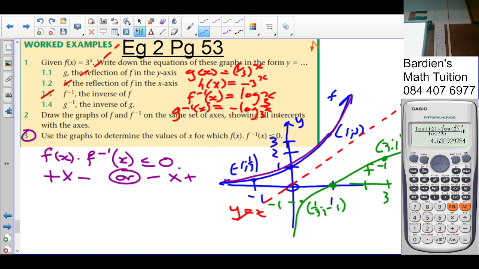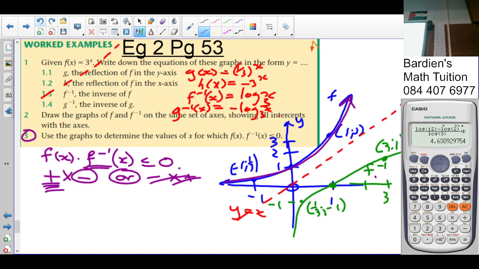So f of x being negative will never happen. So as we said, f of x is always positive. So in other words, we're only going to look where the inverse function is negative.